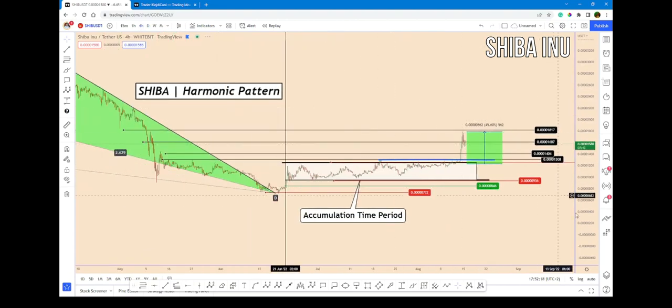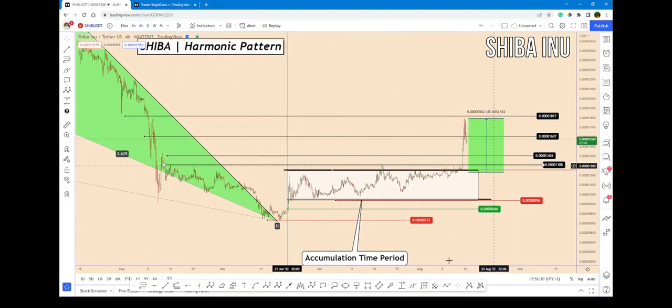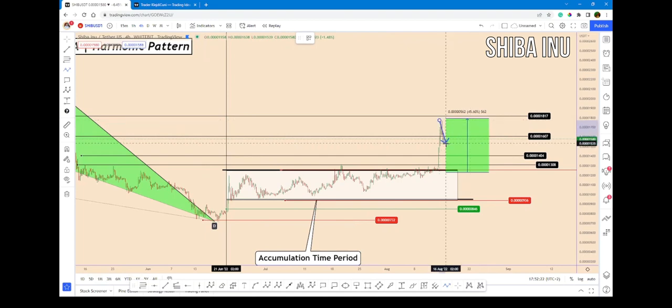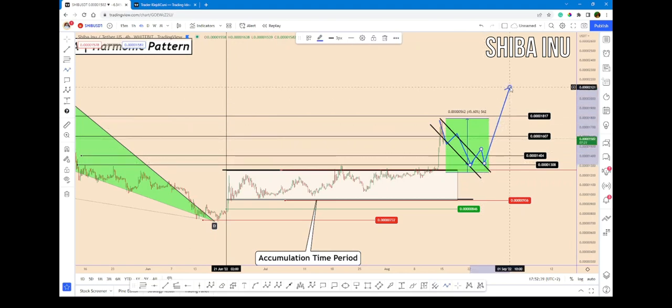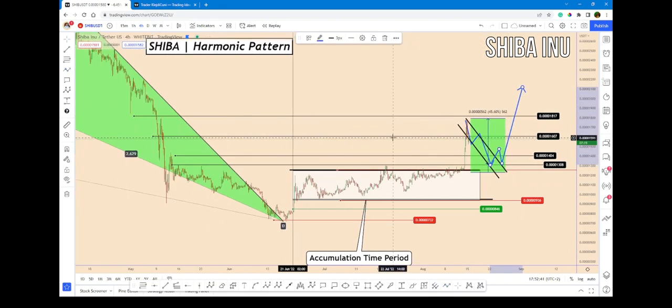Let's make it a bit smaller, and here you have your scenario, a possible 1 to 3 movement. This could be the correction, let's say, and after that we are going to jump in the trade again for the bullish movement again.